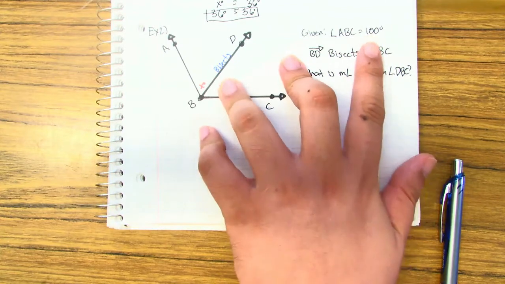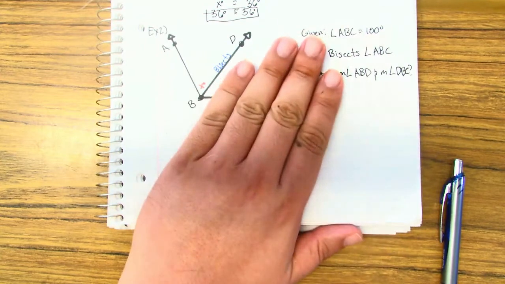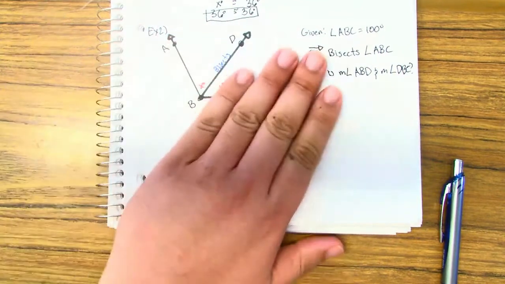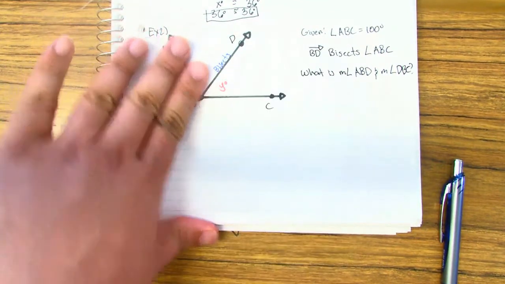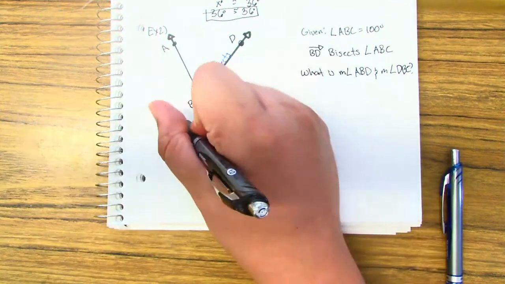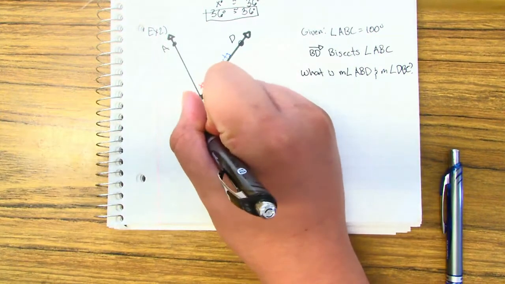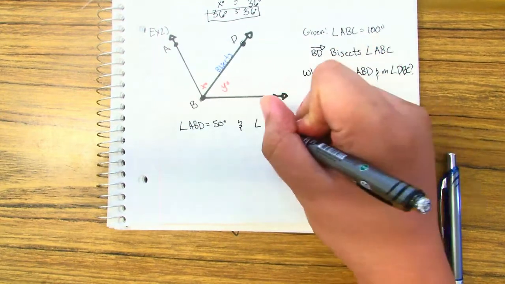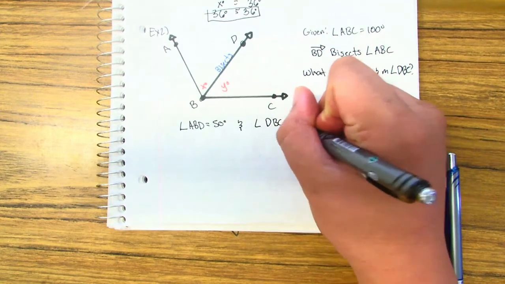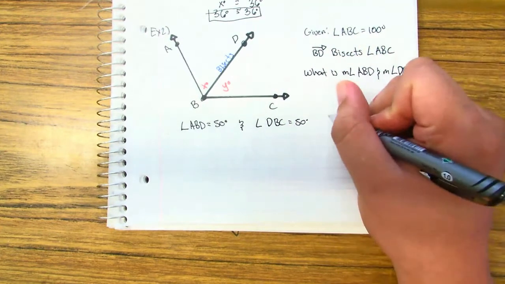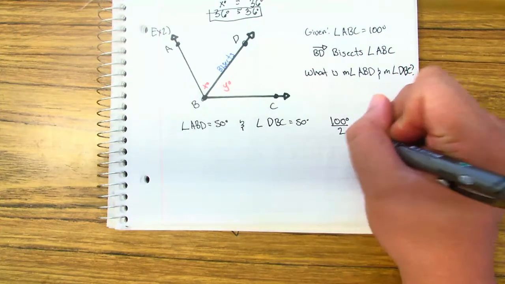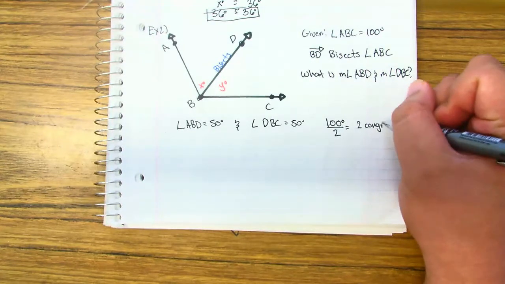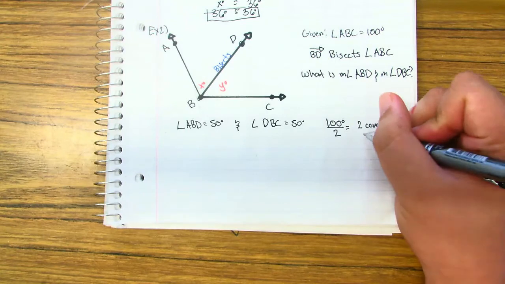Half of 100 is 50, so x will equal 50, and the other half will also equal 50, because 50 plus 50 equals 100. So angle ABD equals 50 degrees, and angle DBC equals 50 degrees. Because you just divide 100 degrees by 2 to get the two congruent angles.